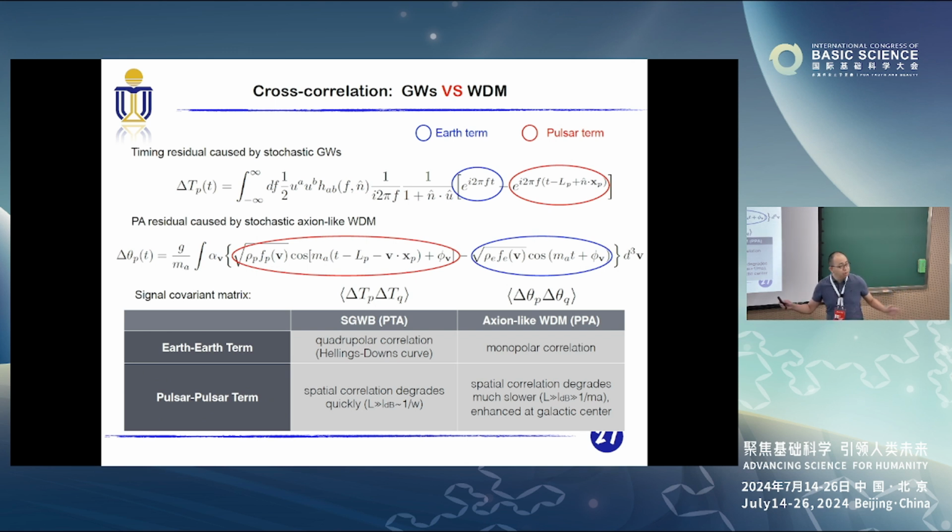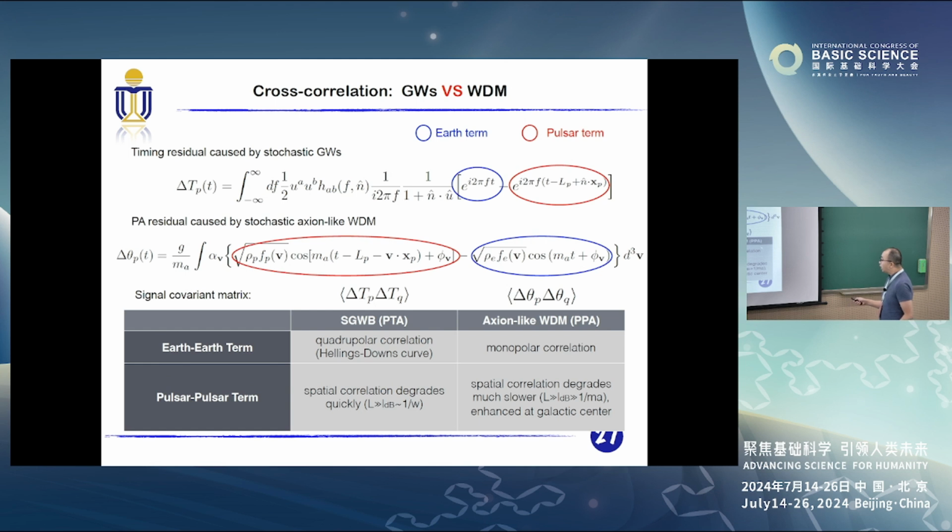Then you can imagine in such a case, the de Broglie wavelength is much shorter than the average separation of the pulsars which have been used to construct the pulsar timing arrays. So pulsar timing arrays in this case are quite incapable of probing the spatial correlation induced by the pulsar term interplay. But the story is different for the second case.